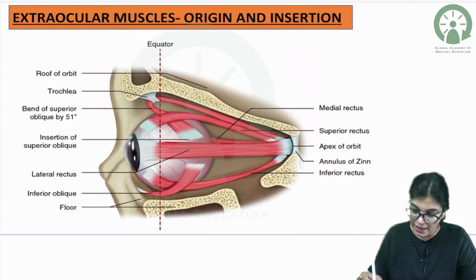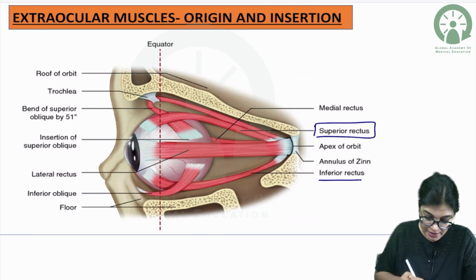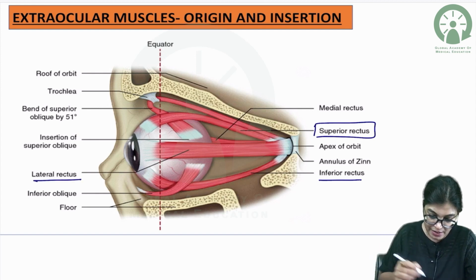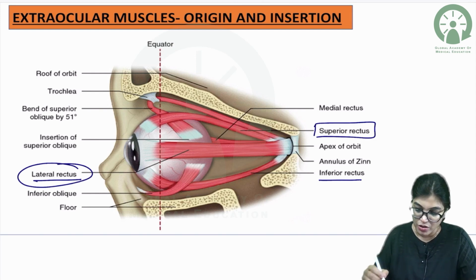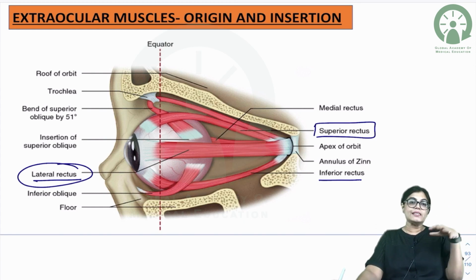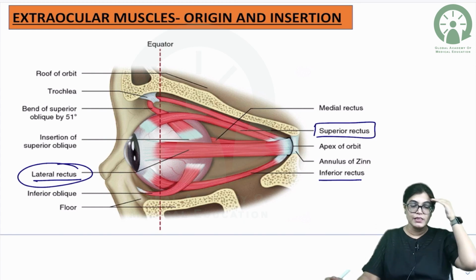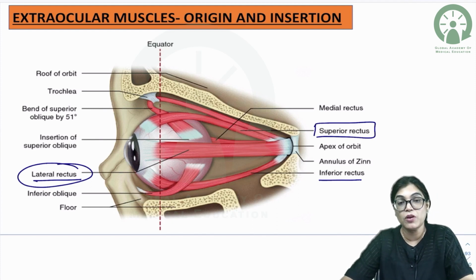See this diagram: superior rectus, inferior rectus, lateral rectus; medial rectus is not shown here. All the 4 recti muscles originate from the annulus of Zinn. Actually, all these recti muscles have a common origin from the annulus of Zinn, the common tendinous ring at the superior orbital fissure.